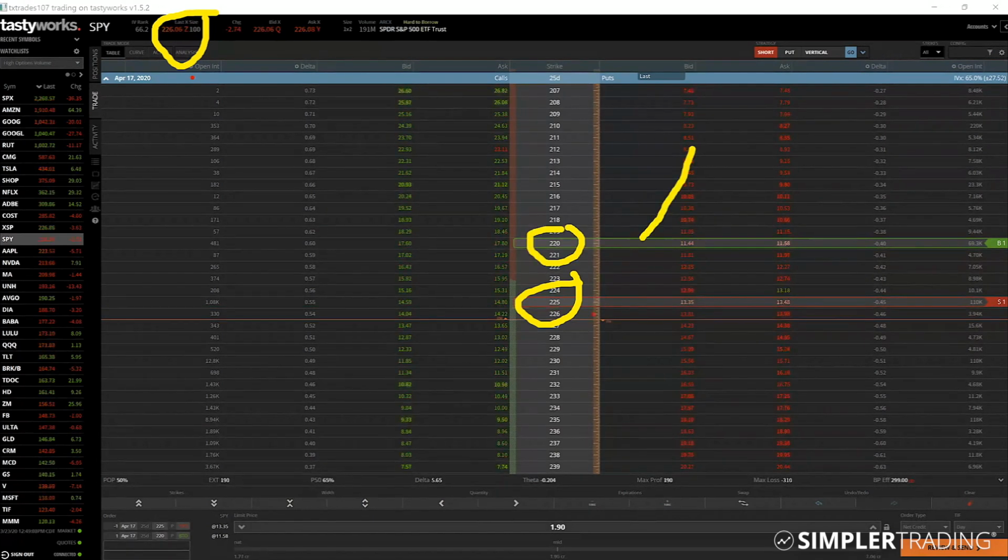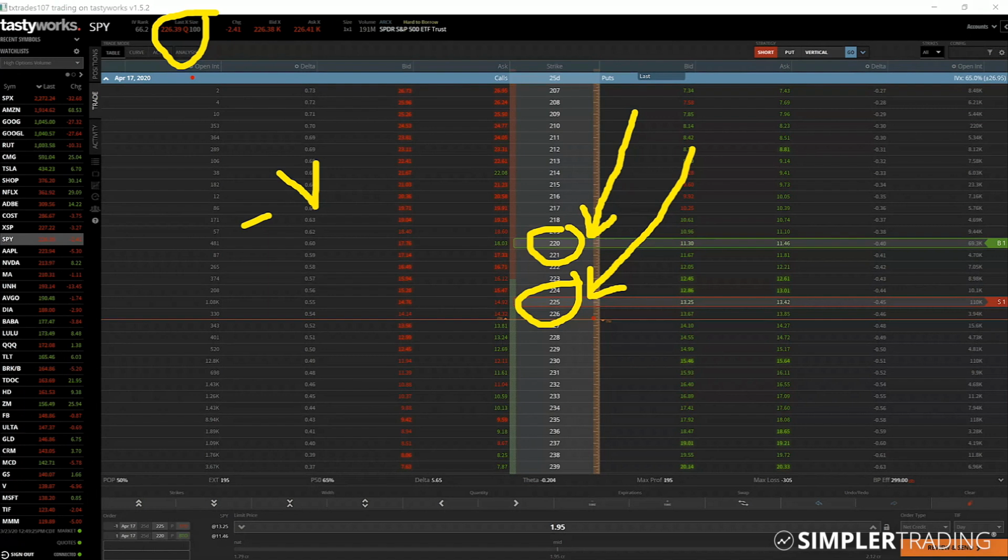Because we're selling this one and buying this one, it leaves us with a slightly negative vega, meaning that essentially we've sold premium. If the IV starts to come into something more reasonable, like 50 or 40, that will actually benefit us.